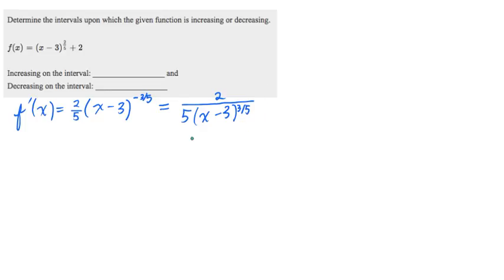Now this does not exist where its denominator equals 0. So its denominator equals 0. You can probably just look at it and tell the value of x that will make that equal to 0, which is 3. Or you can work through it. So if you divide both sides by 5, then we have (x minus 3) to the 3/5 equals 0 divided by 5, which is 0.